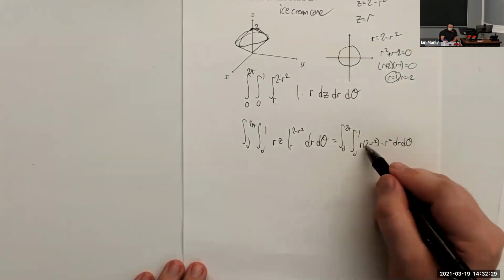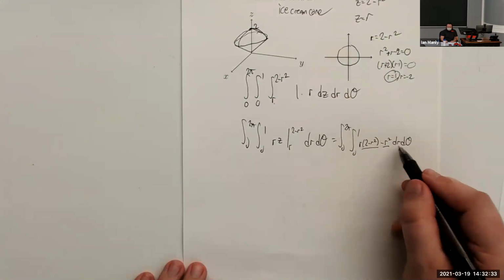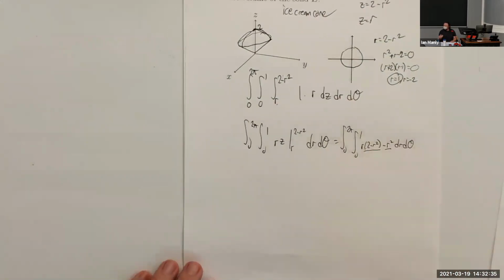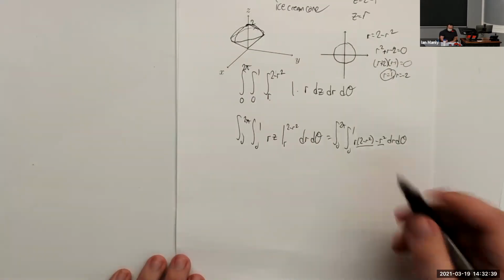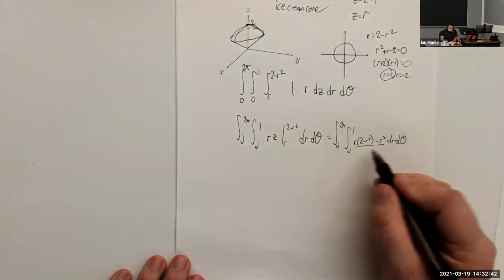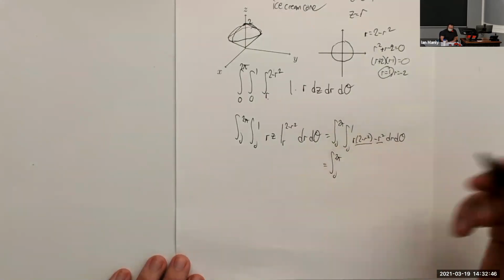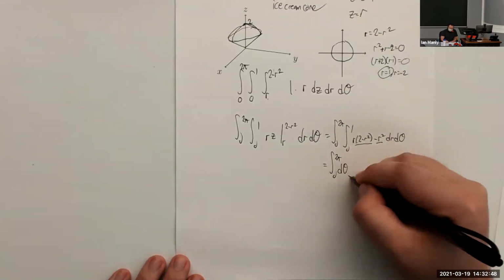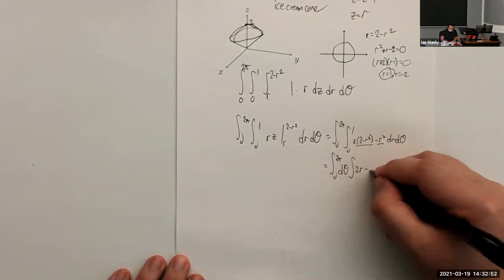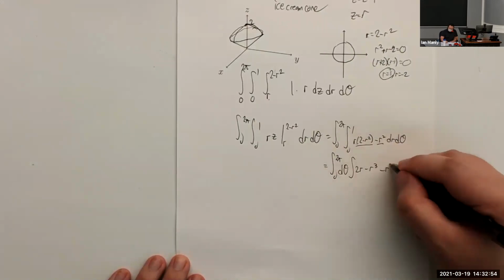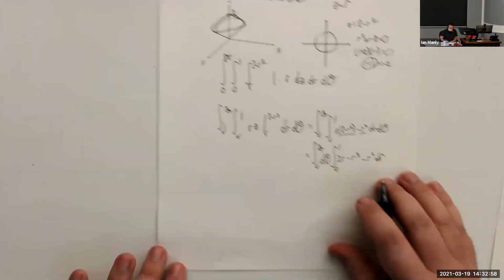So we could do the top surface minus the bottom surface times r, and then have dr d theta with polar coordinates. That's an equivalent way of doing this problem. All right, so let's go ahead and distribute this out. Everything is constant bound now, so I could just have d theta here. So we have 2r minus r cubed minus r squared from 0 to 1.